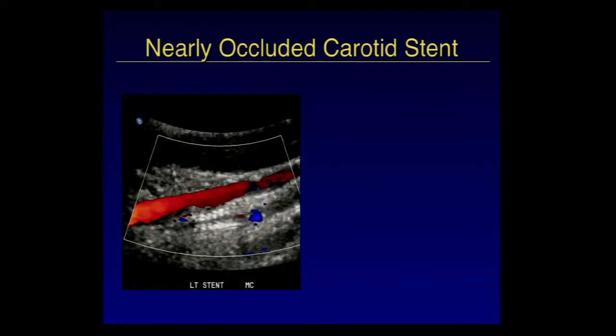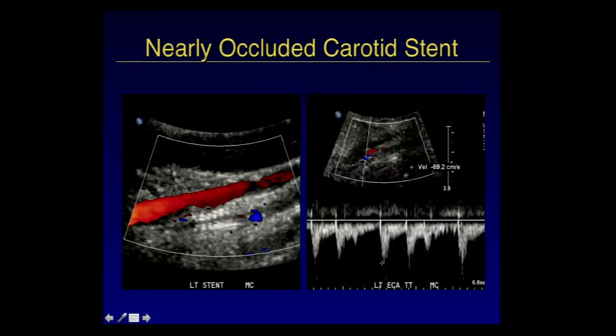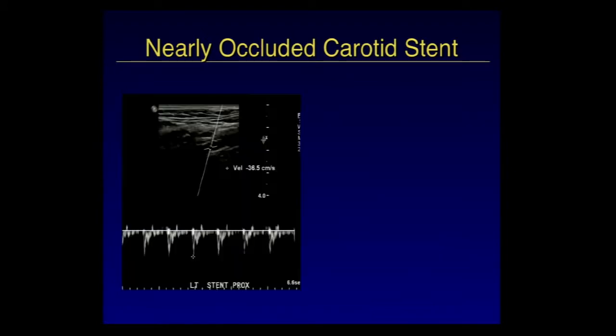And we are looking in the longitudinal plane, showing that we can see the jugular. We're in low flow settings, but we're not seeing any flow in the stent, which is right here. And actually looking at the ECA with the temporal tap, we knew the stent was in the ICA anyway, but we know that we have correct settings to look for flow, so we're very, very concerned about this stent.